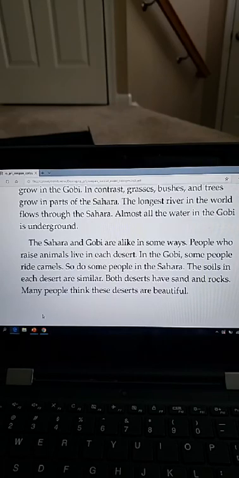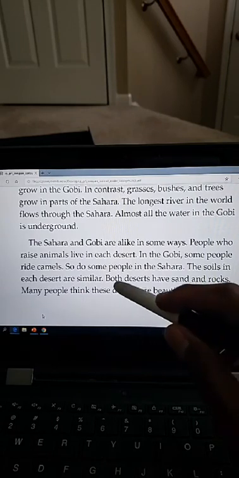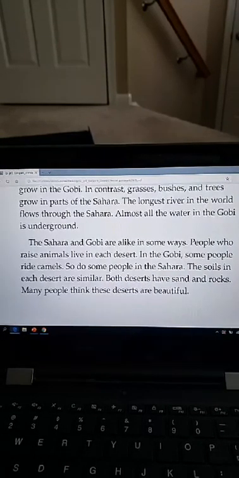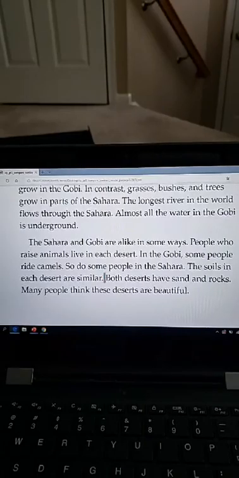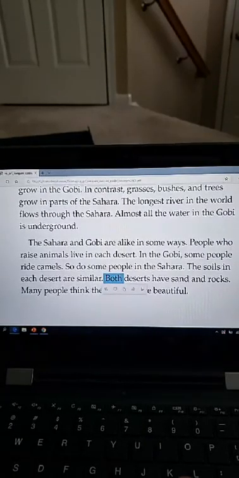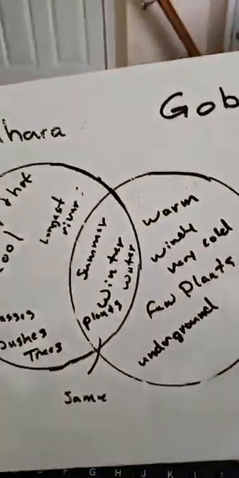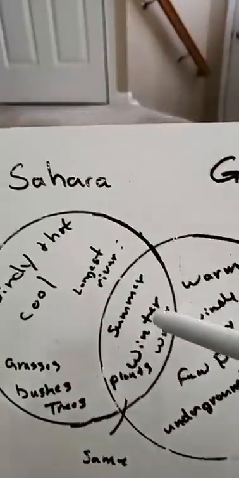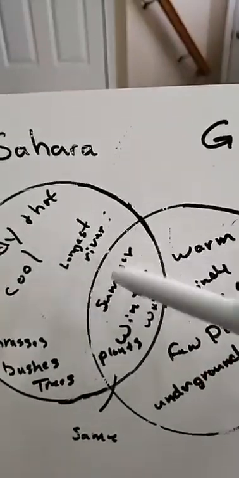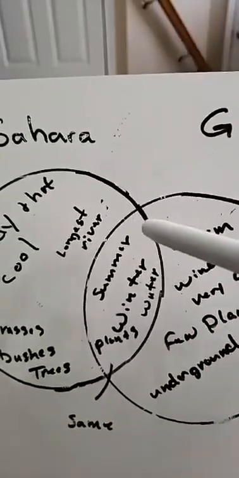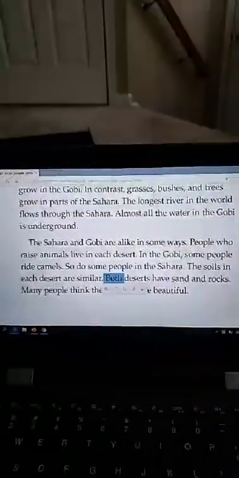The soils in each desert are similar. Both. When we see the word both, the word both is another clue word that tells you that in the Venn diagram, we're talking about how the things are alike, how they are the same, how they are similar.